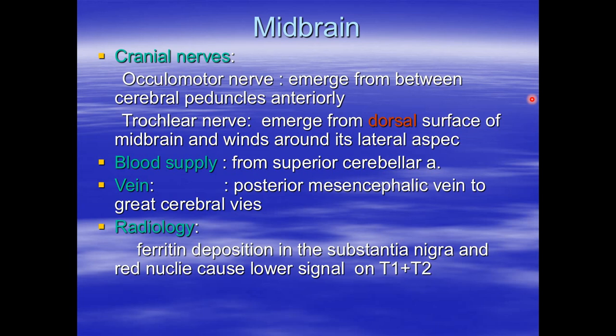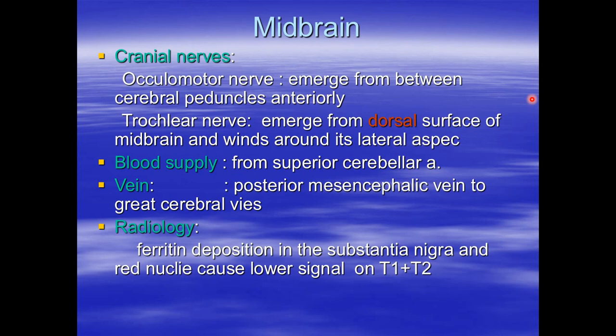The oculomotor nerve emerges between the cerebral peduncles anteriorly, while the trochlear nerve emerges from the dorsal surface of the midbrain and winds around the lateral aspect. So the trochlear nerve has a long course because it arises posteriorly and turns around the midbrain, while the oculomotor arises from the anterior aspect of the midbrain.